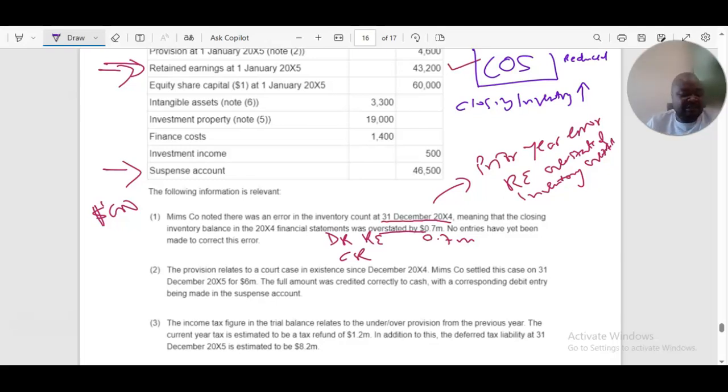And if closing inventory is going down, the cost of sales will be increasing.